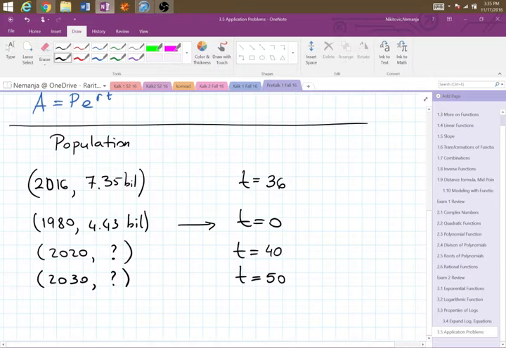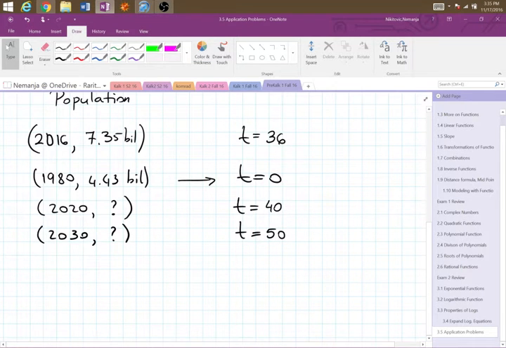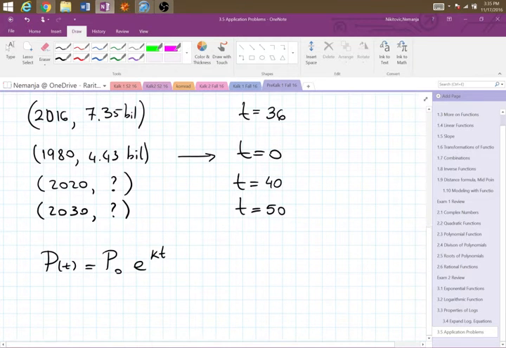Okay. So let's start. Population in time is initial population times e to the kt. We have our initial case over here because that's when t is 0. So it's like starting the time in this year. And then what you do is you plug the values that you have into your equation.